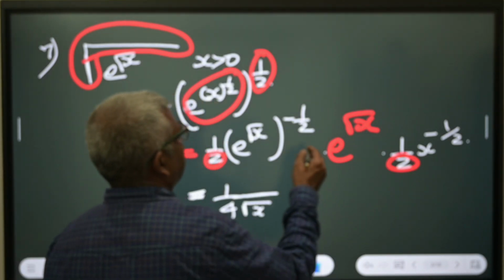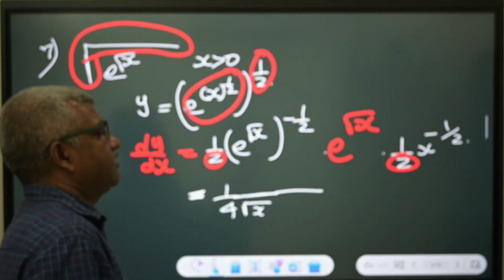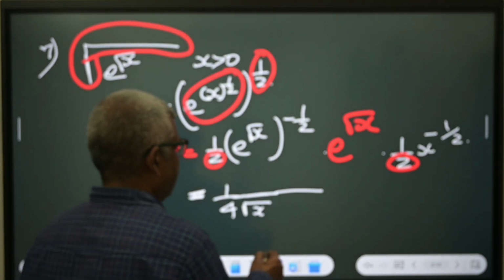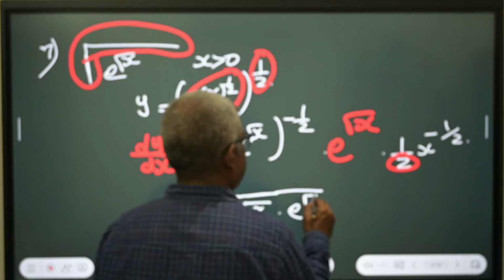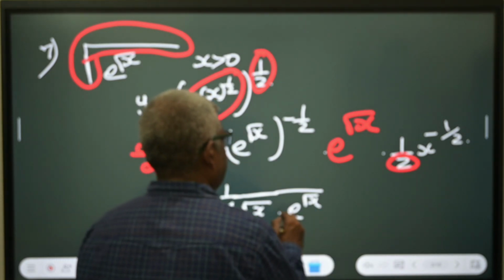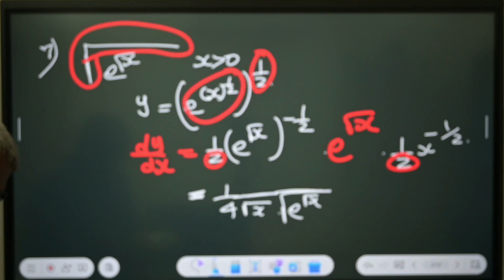Then this power minus of will become e power root x. Copy down until now.